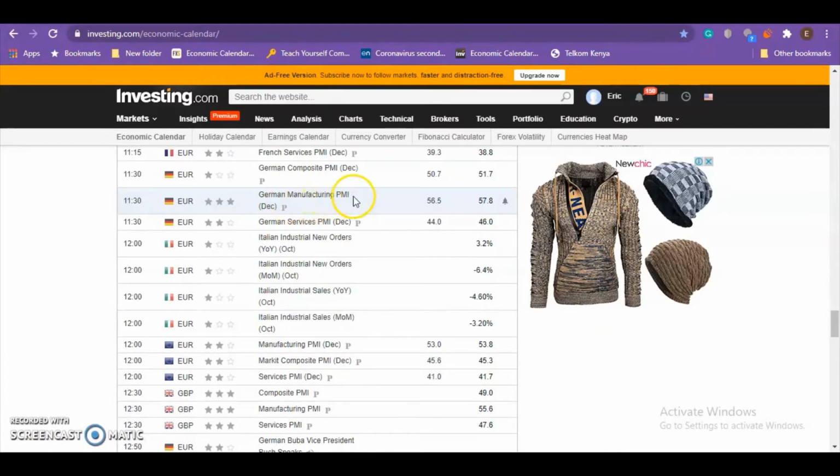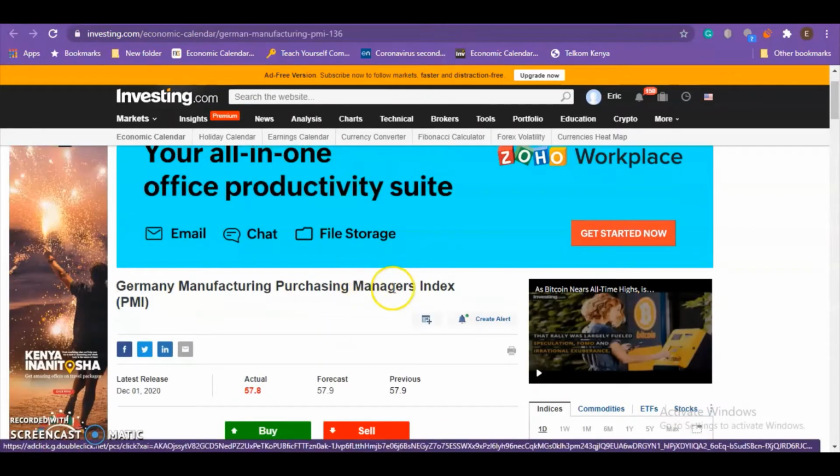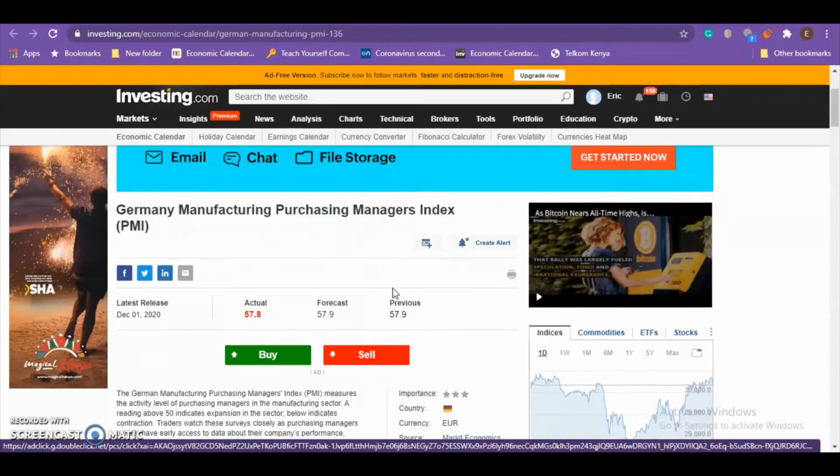German manufacturing PMI. For this one, any figure above 50 dictates that the manufacturing industry is doing well. Any figure below 50 shows a decline in manufacturing power. Purchasing Managers Index, that's what they call it.